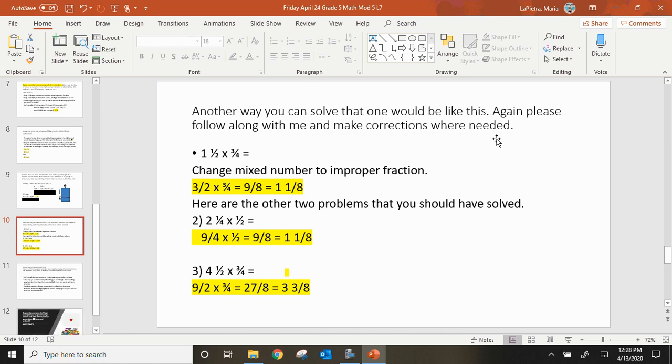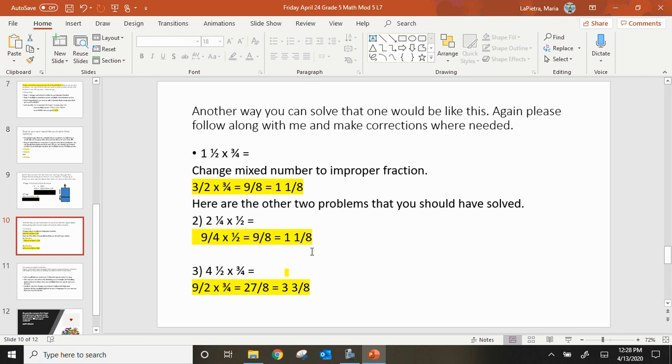So here are those 2 ways for you again. I hope you made corrections as I went along and figured that out for you. So the first one, 1 1/2 times 3/4, we changed the mixed numbers to improper fractions, got 1 1/8.